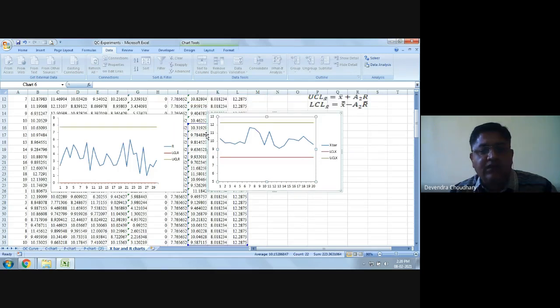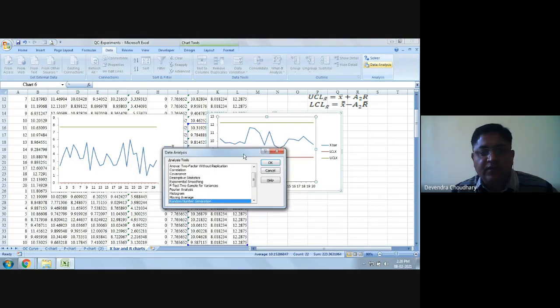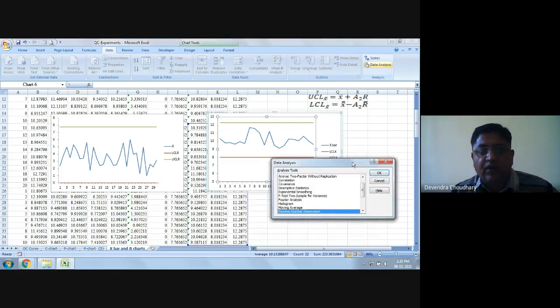Now let's make changes and do analysis. So what I do now, you will be delighted to see what is going on and how the charts are helping you to assess the shift in process mean or shift in process variability or both.